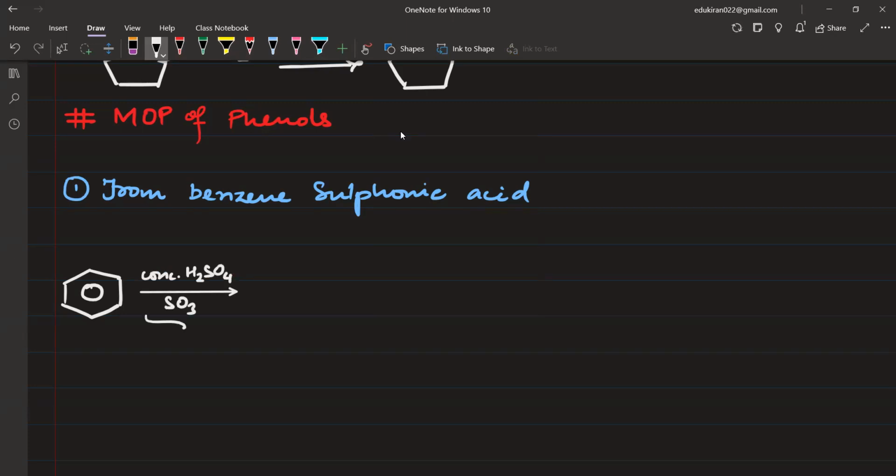And this mixture is known as oleum. The common name of concentrated H2SO4 with SO3 is oleum. When I prepare this, I will get benzene sulfonic acid, that means the benzene ring attached with SO3H. So this is benzene sulfonic acid.